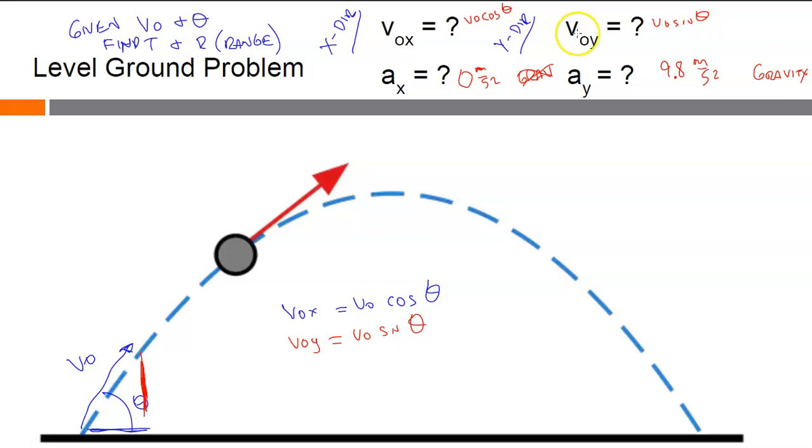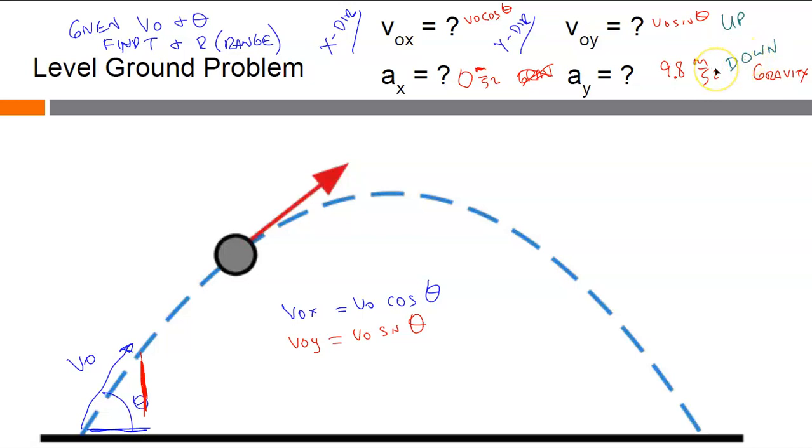Now, the other thing I have to be real careful about here, and we had to do this with the cliff problem too, is to think about our directions. Especially in the y direction. Everything's to the right for the x direction, so that's not really an issue. But right here, my initial velocity is up, and the gravity is down.